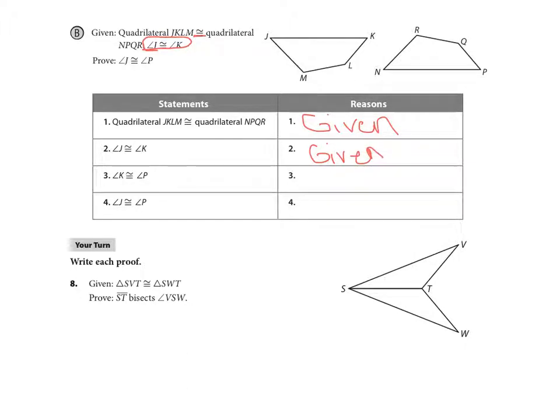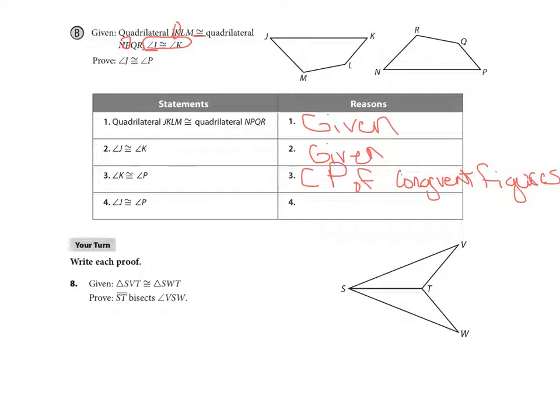Now it says angle K is congruent to angle P. And we know that because if we look up here in the order, K is in the same spot as P is. So we can say that that's corresponding parts of congruent figures. That's how we know that.